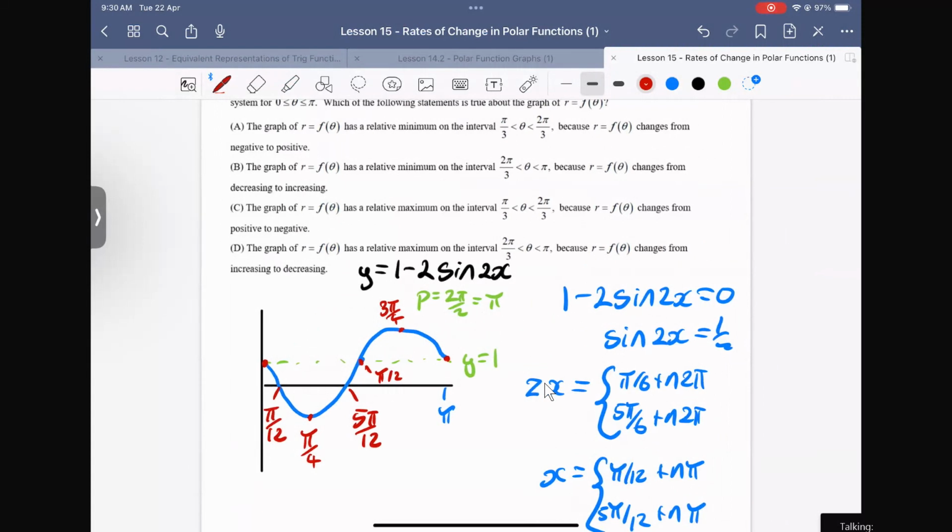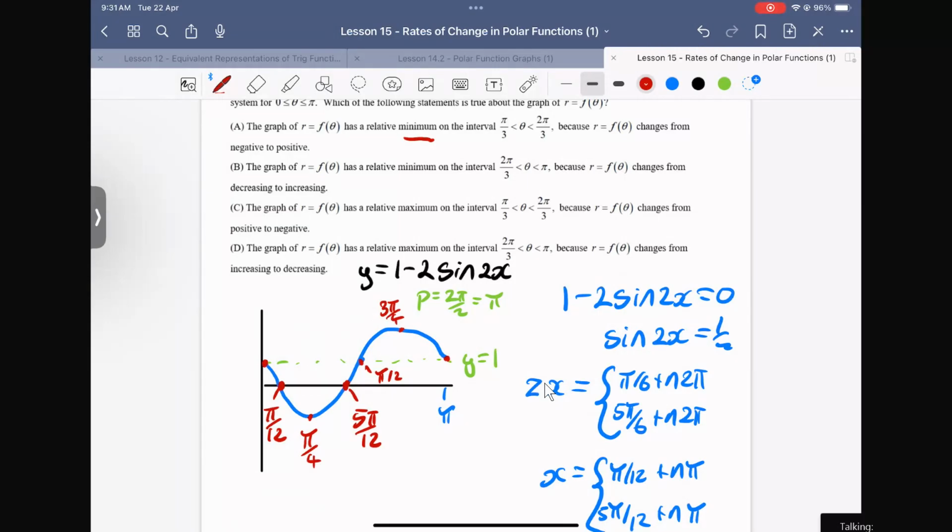So let's read through each statement. So the minimums for this one are going to be occurring here and here because the distance between the point on the curve on the polar graph and the origin is going to be 0. So the graph will have a minimum on the interval for pi over 3 to 2 pi over 3.